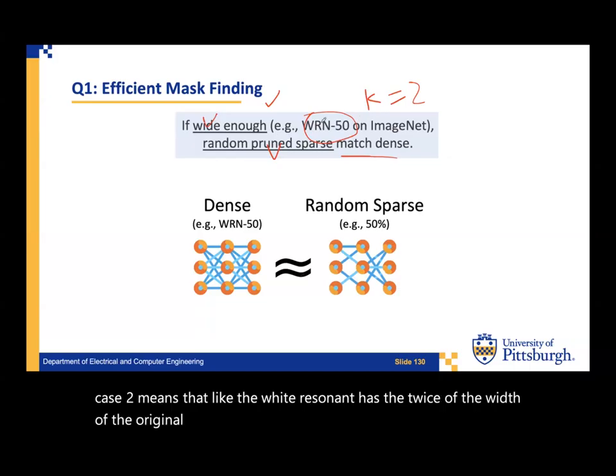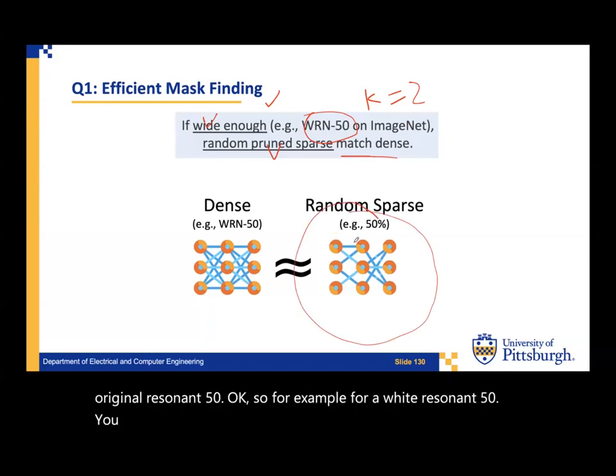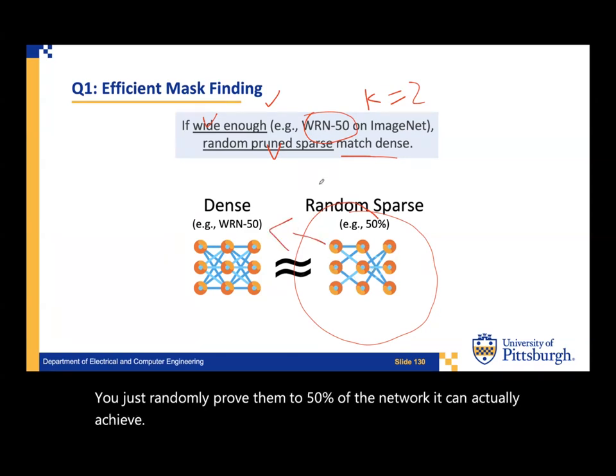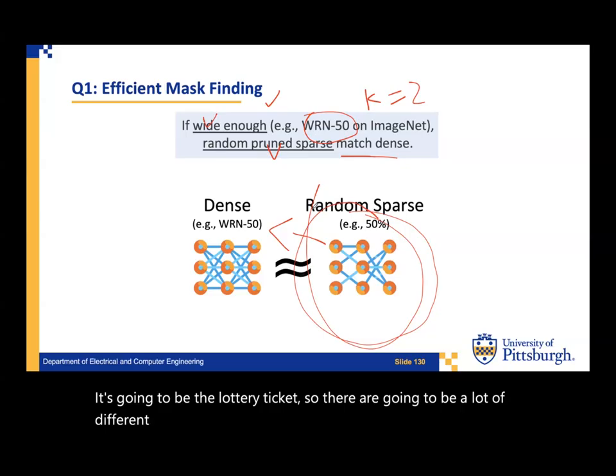So for a wide ResNet 50, you just randomly prune it to 50% of the network, and it's going to be a lottery ticket. So there are going to be a lot of different lottery tickets. Basically it says there are a lot of good tickets for a wide network.